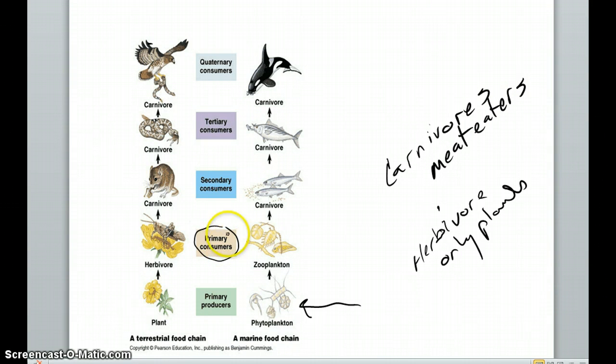And so you see you go from primary consumer to secondary consumer to tertiary consumer, and that all references how many things are in the chain. Notice the direction of the arrow. It's very, very important. Arrows show flow of energy.